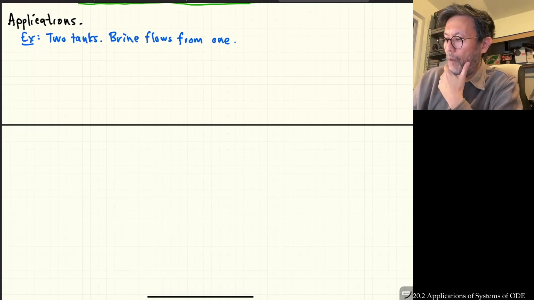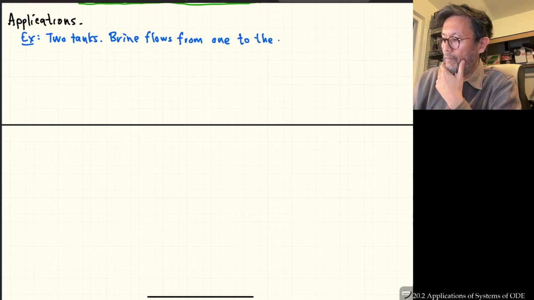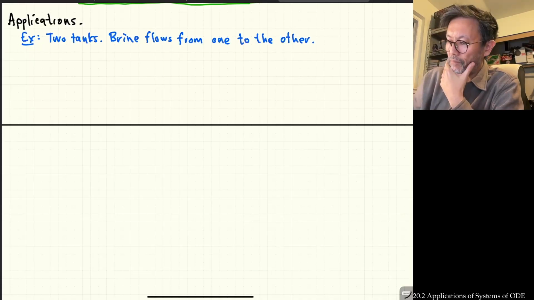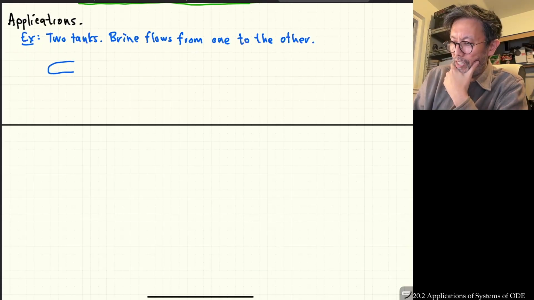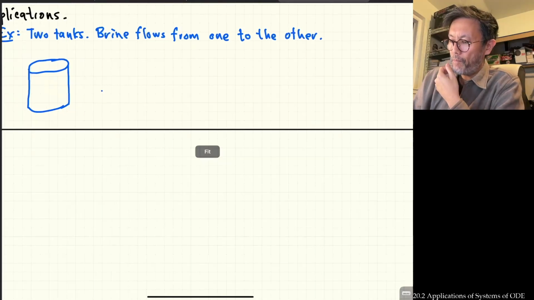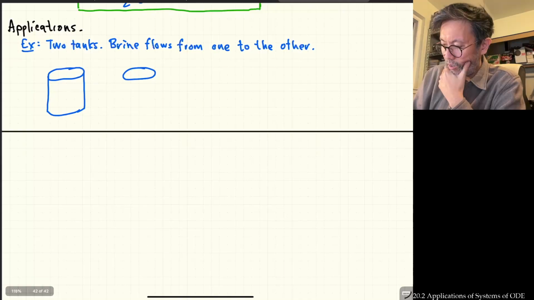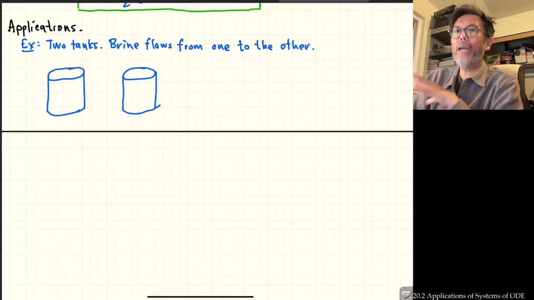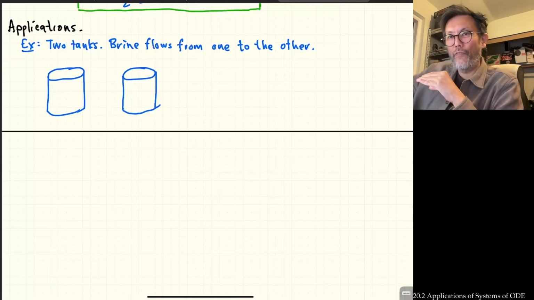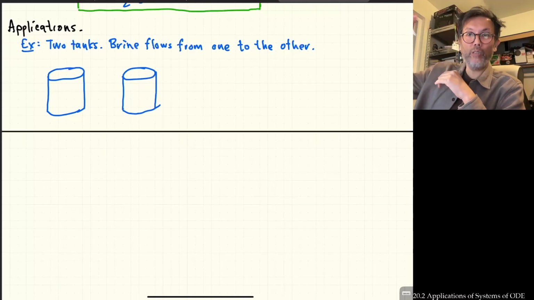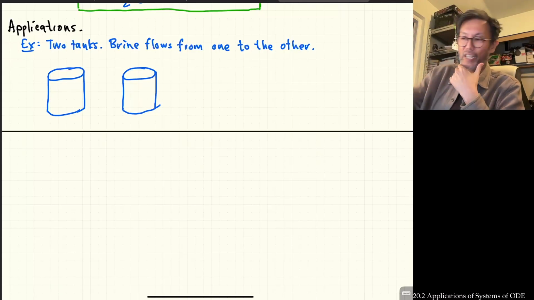Let me just go ahead and draw a picture right now. So we're going to have tank one here. I'm not a very good drawer, so just deal with it. Here's tank one, and there's tank two over here, maybe on the side next to it. Now what I've got to draw is a complicated piping system in which solution in tank one will flow into tank two, and also solution in tank two will flow into tank one.